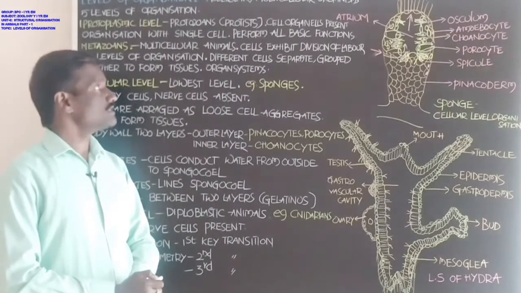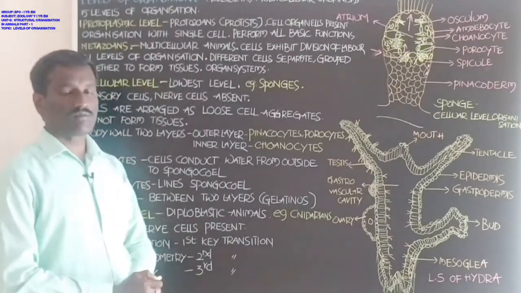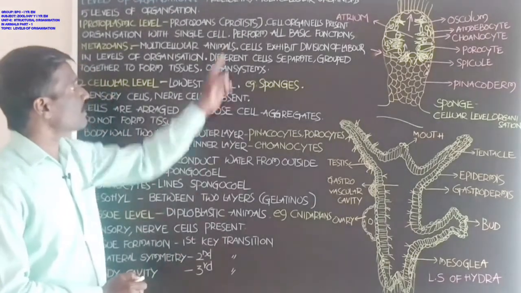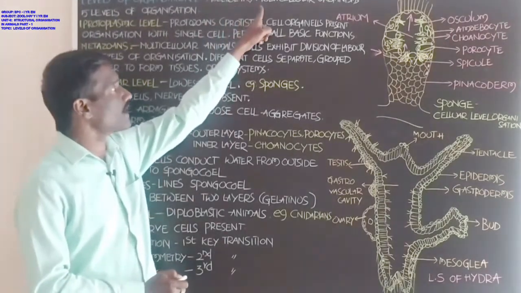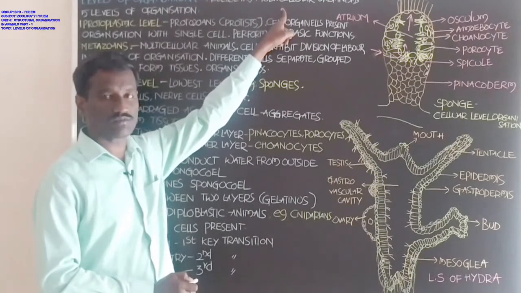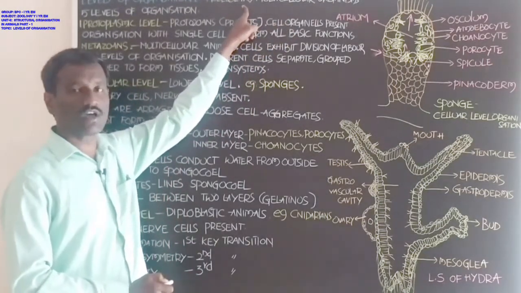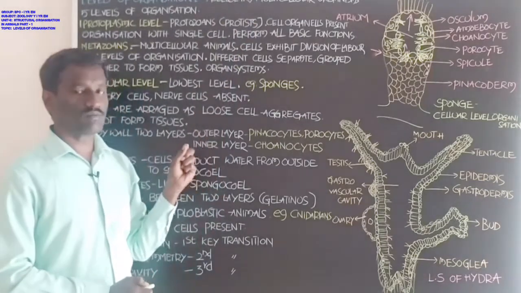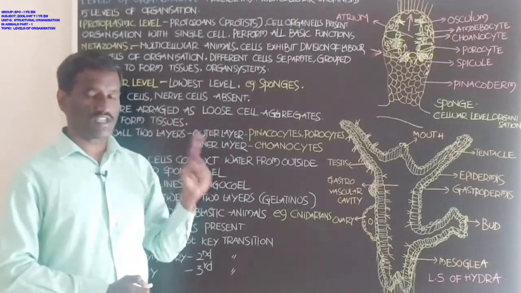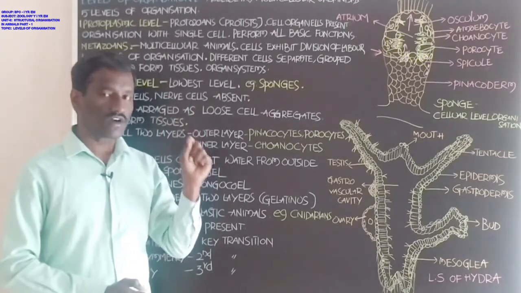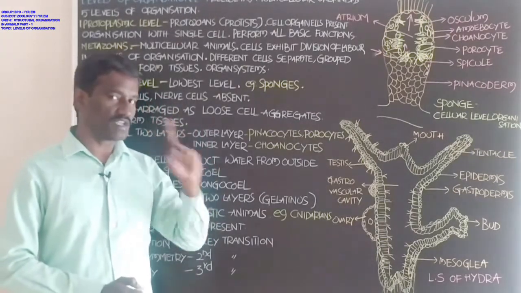In total, the animal kingdom consists of different animals. These are acellular animals and multicellular organisms. Acellular means the body is formed with a single cell. The entire body of the living organism consists of only a single cell.